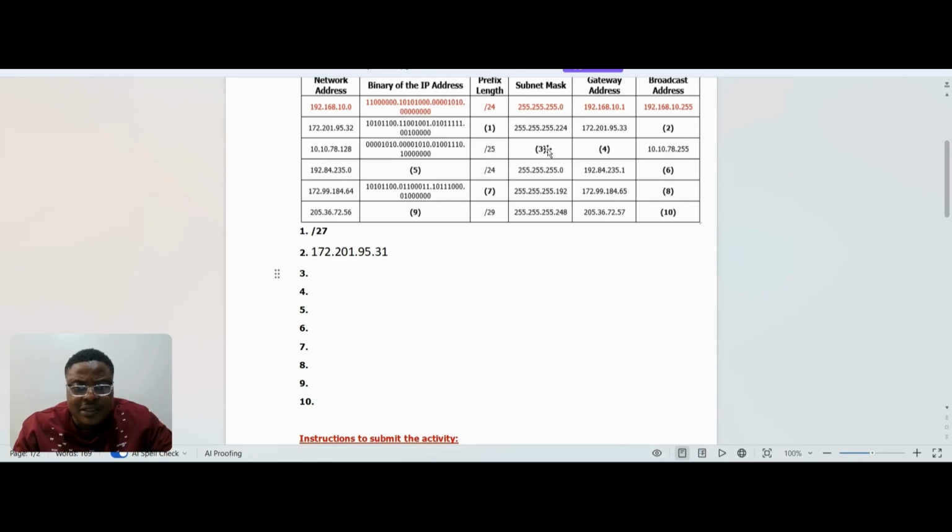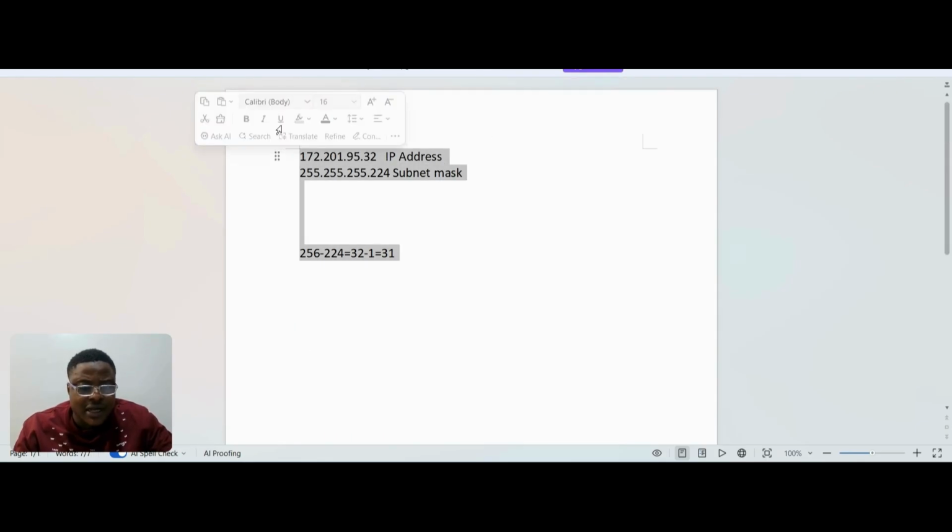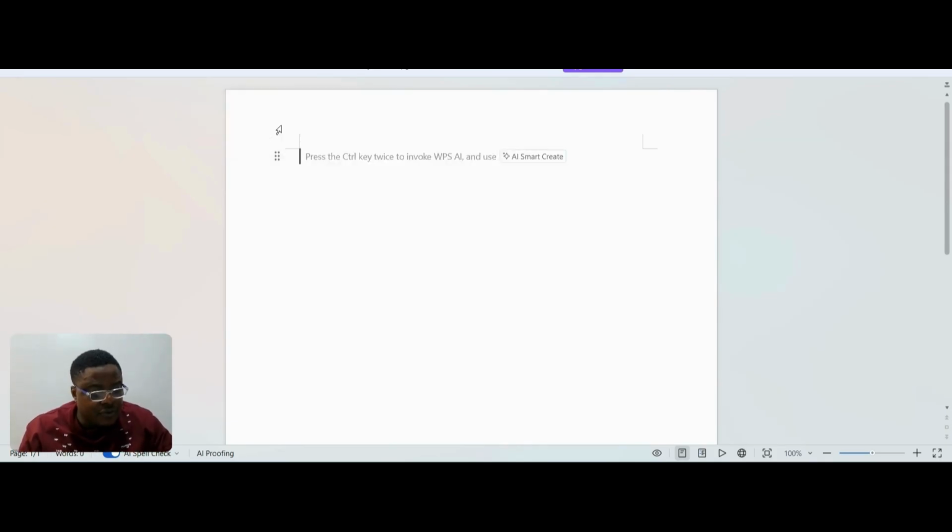It means that I have up to 25 ones and 7 zeros, making it 32 bits of the octet. So now I'm going to get this.